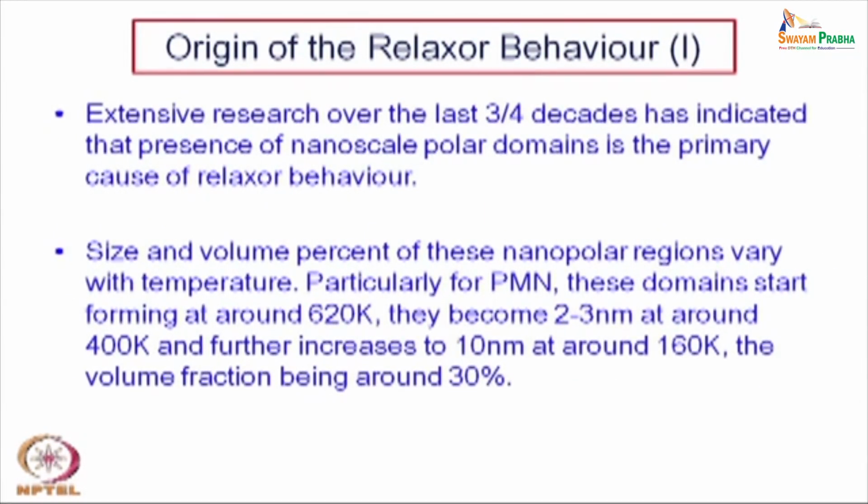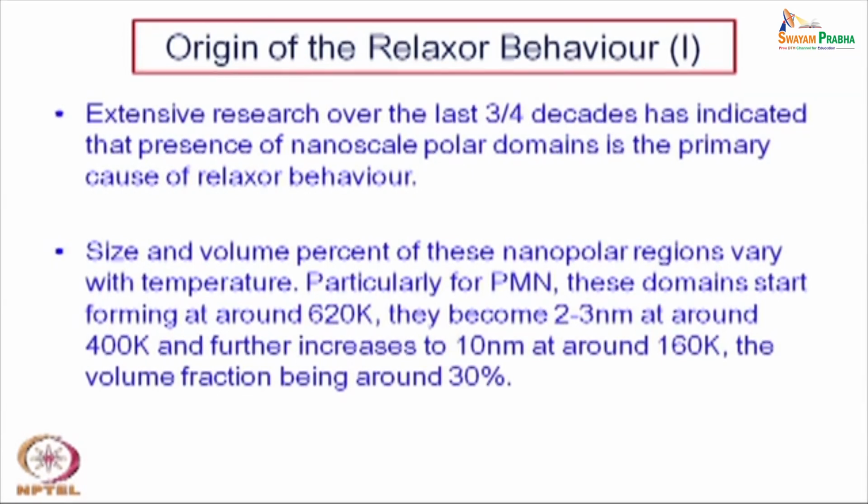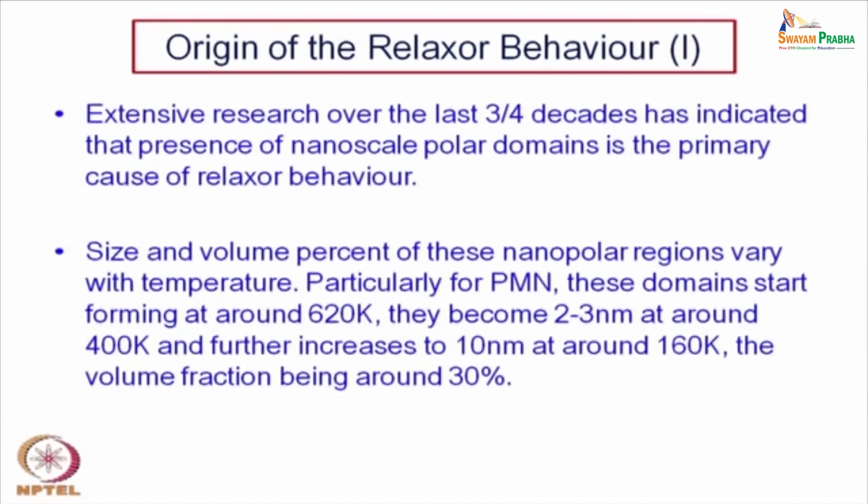The next thing is, what is the origin of this particular property? The so-called diffuse phase transformation, and then you have a glass-like structure and so on. So, what is the basic difference? As far as the internal structure of the normal perovskite and the relaxor ferroelectric is concerned, extensive research of the last 3-4 decades has indicated the presence of nanoscale polar domains, which basically means ferroelectric domains.